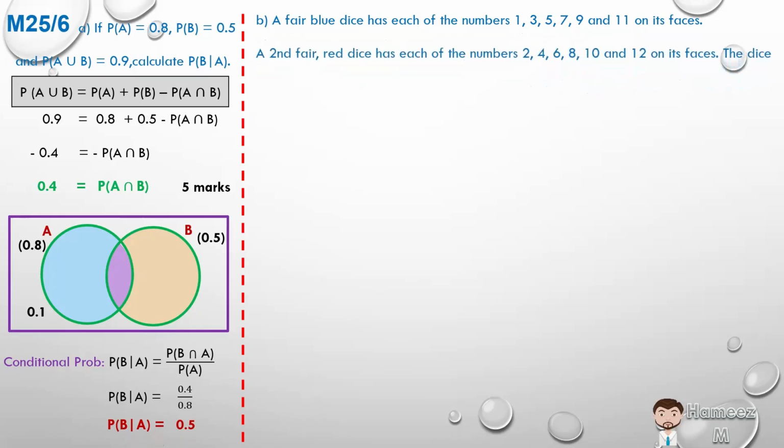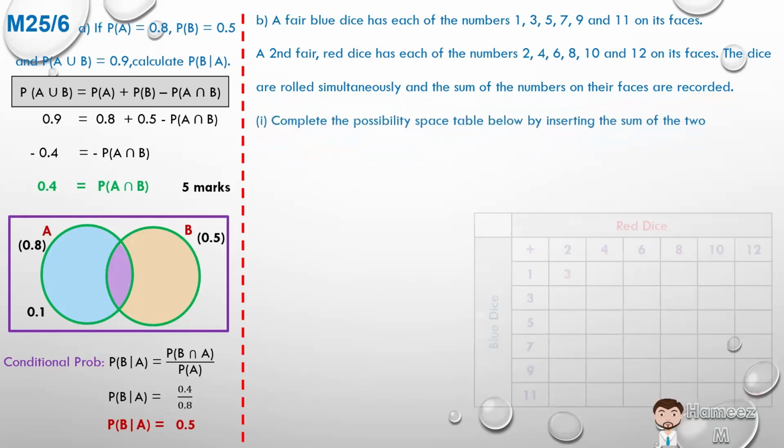A second fair red dice has the numbers 2, 4, 6, 8, 10, and 12 on its faces. So we have a red dice and a blue dice. The dice are rolled simultaneously, and the sum of the numbers on their faces is recorded. So when you roll the two dice together, whatever it rolls, you will add the red dice face number and the blue dice.